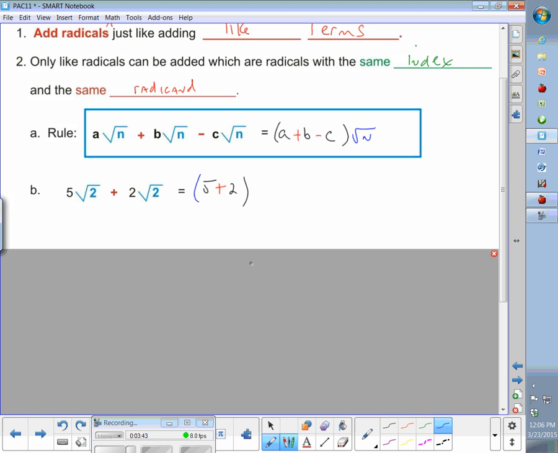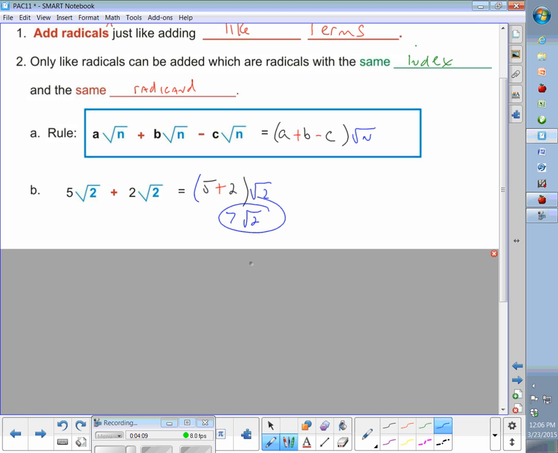So 5 plus 2 of them, and what are the thems? Square root of 2, right? Each them is different. You got to see what them are. That's great English. I love it. All right, so what do we have? 7 of them, right? 7 times the square root of 2. That's all we're doing.